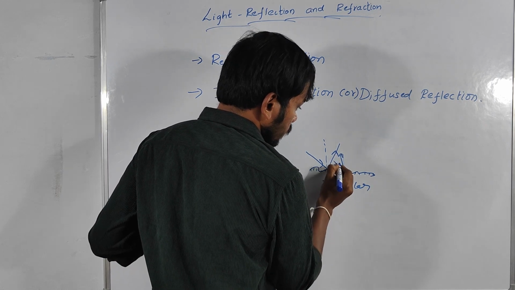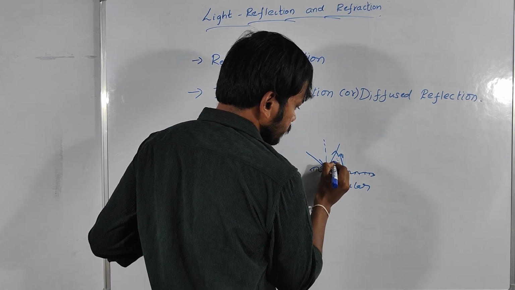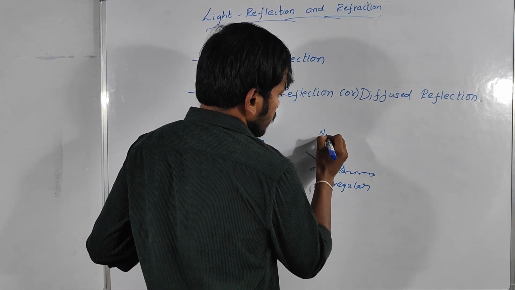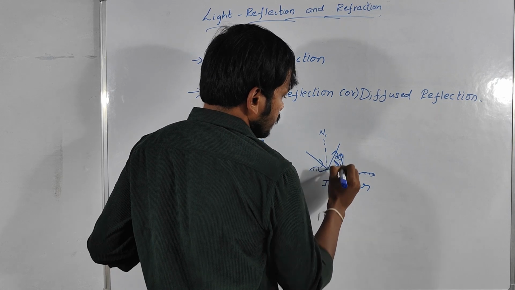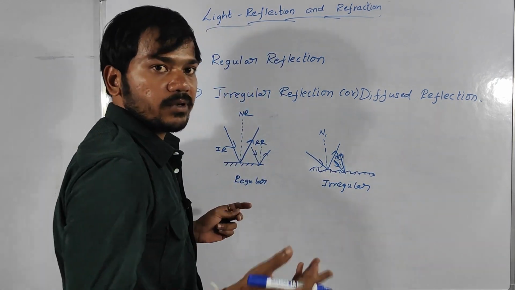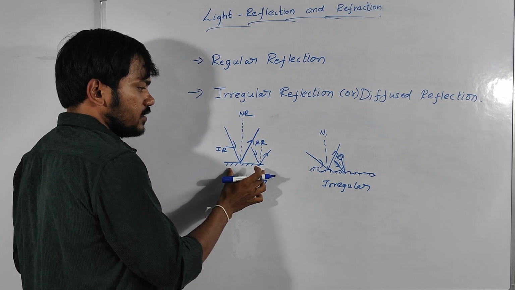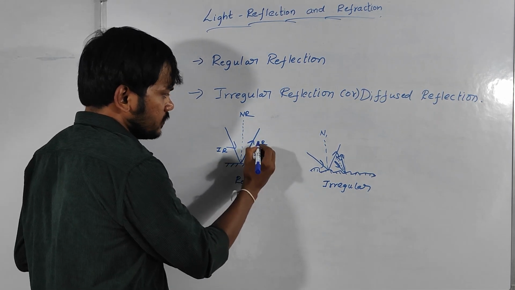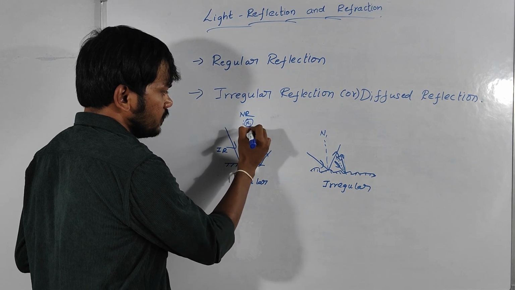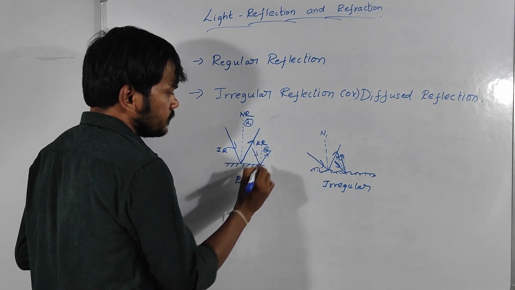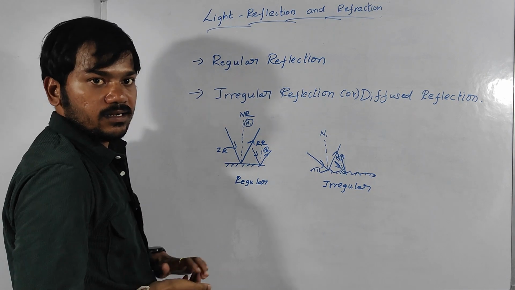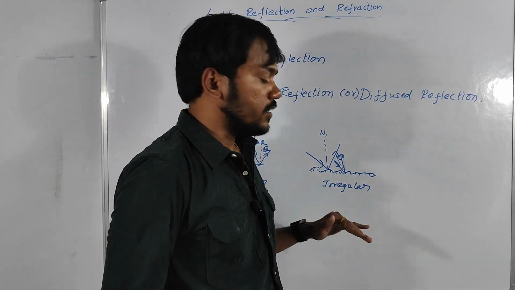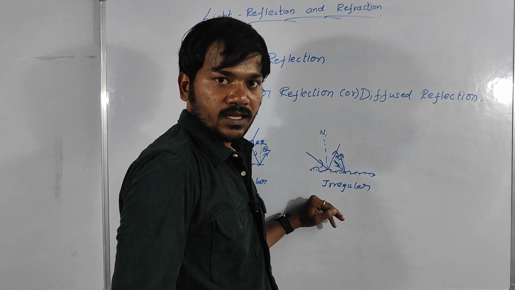Normal is here. If you consider these normals as n1 and n2, these normals are not parallel to each other. Whereas in regular reflection, the normals are parallel to each other. Consider this as n1 and this as n2. Normals are parallel in regular reflection and not parallel in irregular reflection.